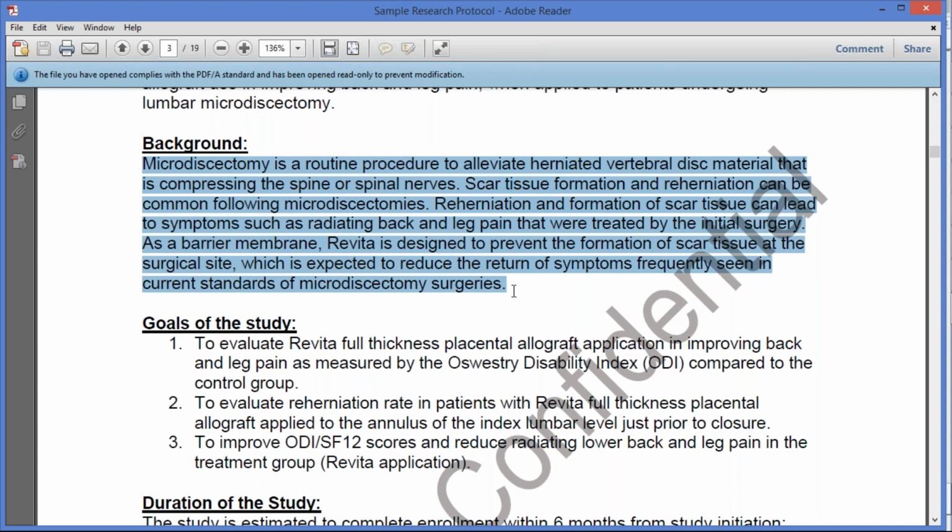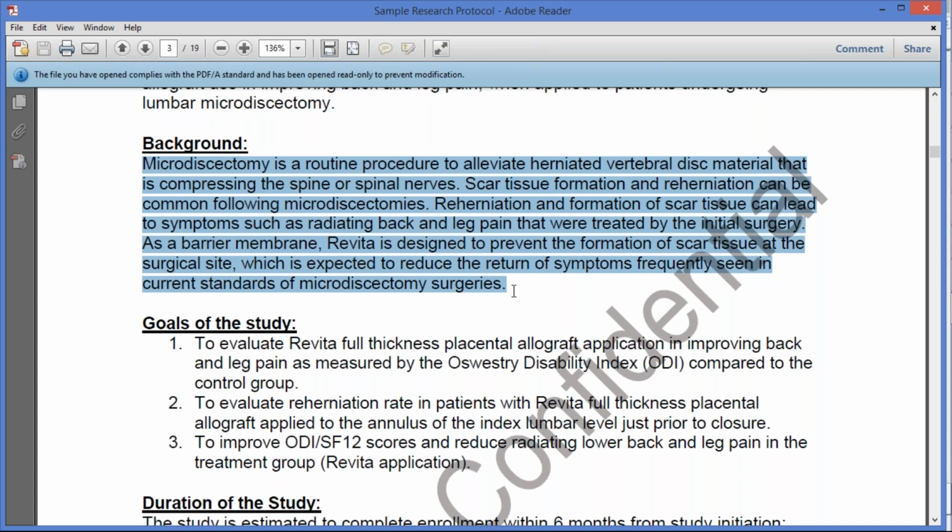So microdiscectomy is a routine process to elevate herniated vertebral disc material, nothing but disc, that is compressing the spine and spinal nerves. So we are going for the surgery to elevate the disc, which is compressing the spinal nerves.